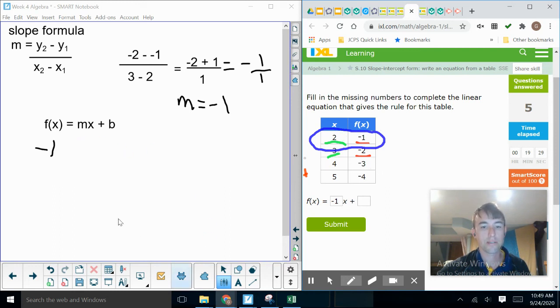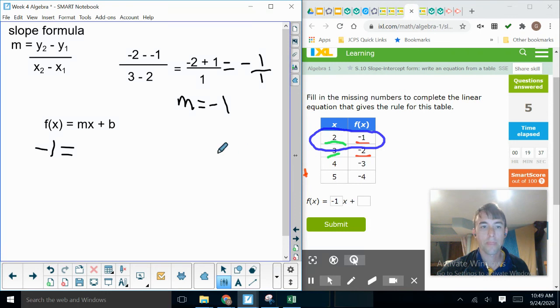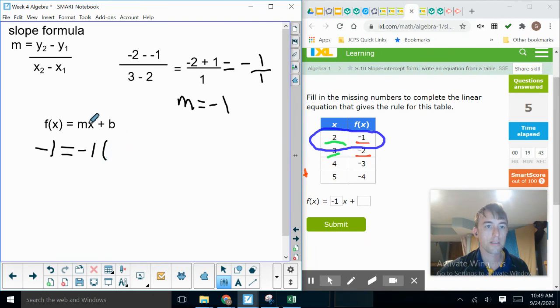f of x equals negative 1. Negative 1 equals m is negative 1, parentheses, negative 1 times x is 2. And then the b is what we want to figure out. What is b? So plus b. All right, so there's our formula.